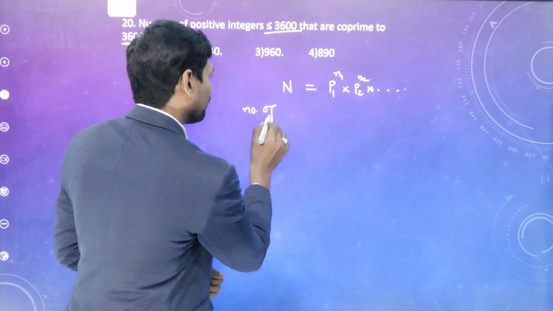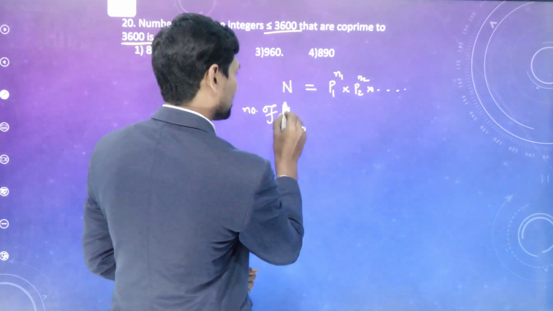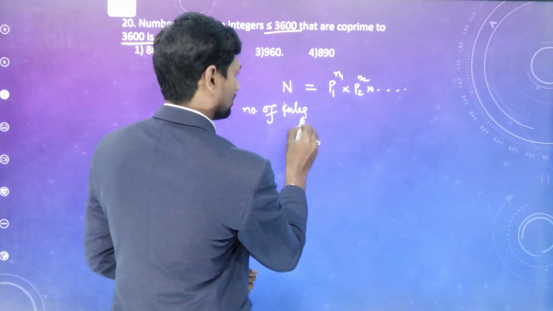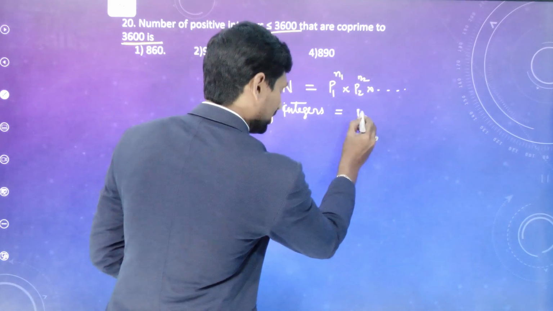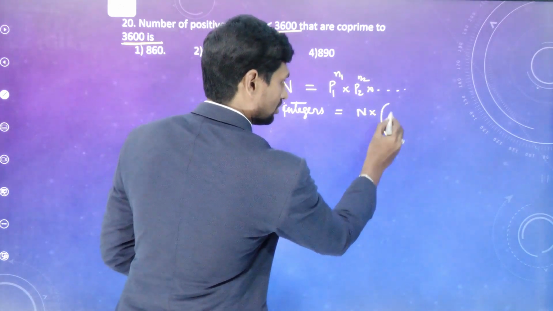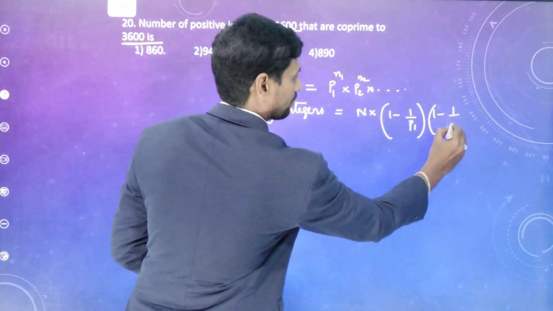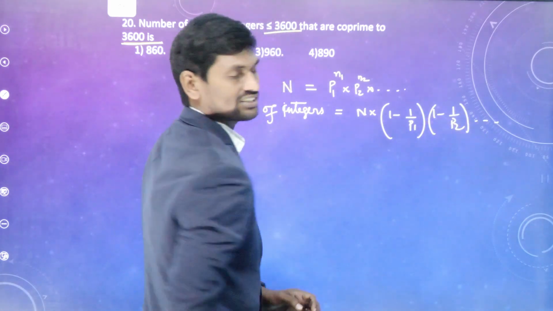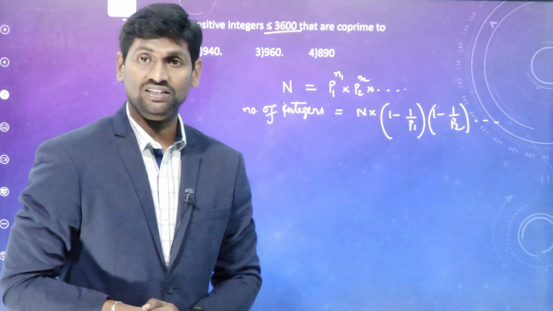Therefore, number of co-primes or number of positive integers according to totient rule is the number into 1 minus 1 by p1 into 1 minus 1 by p2 and so on like this, right? This is the formula we used in our previous class.